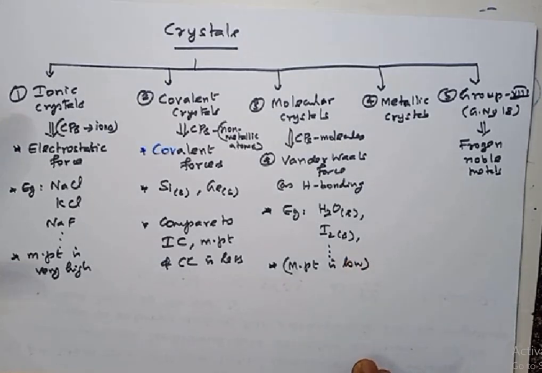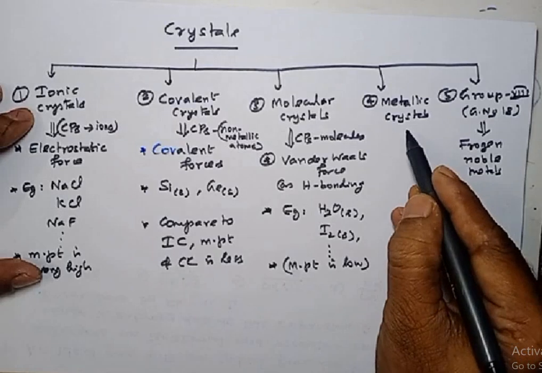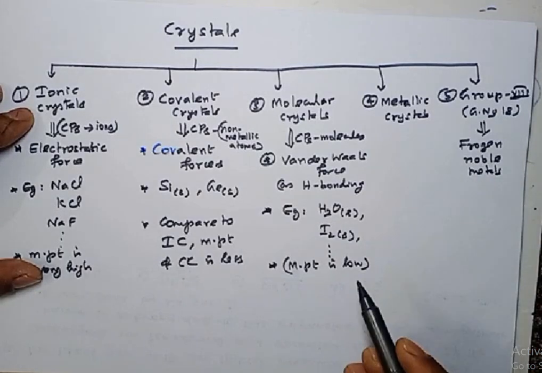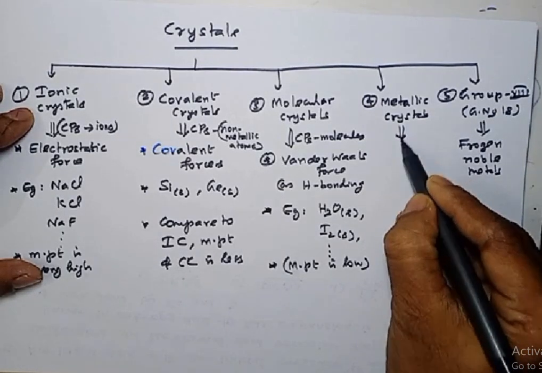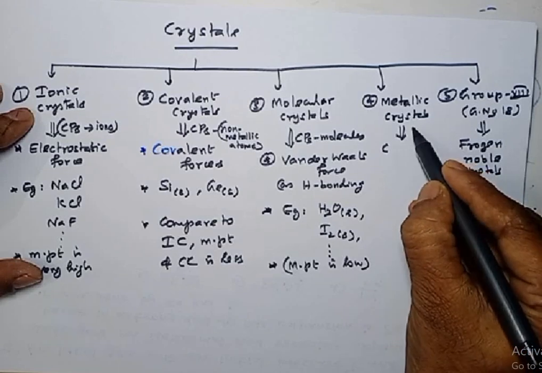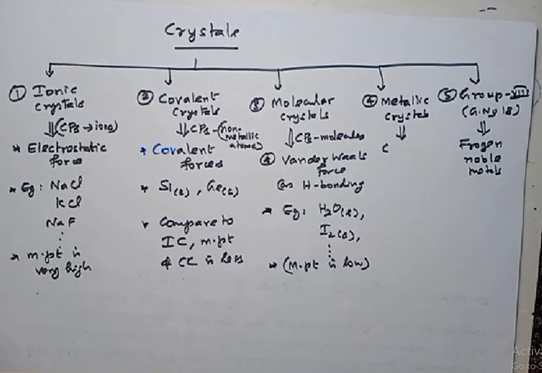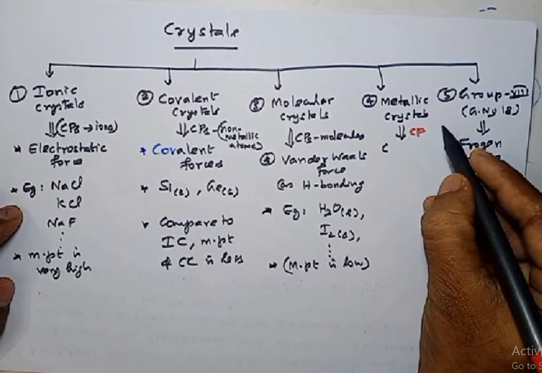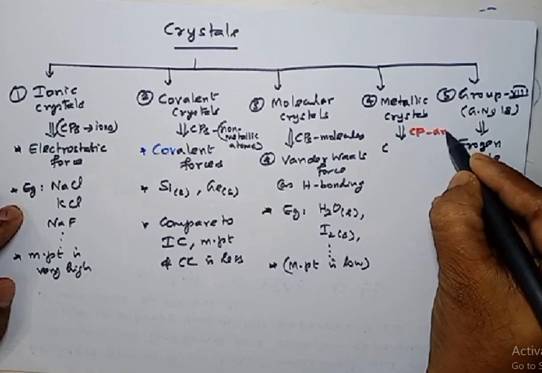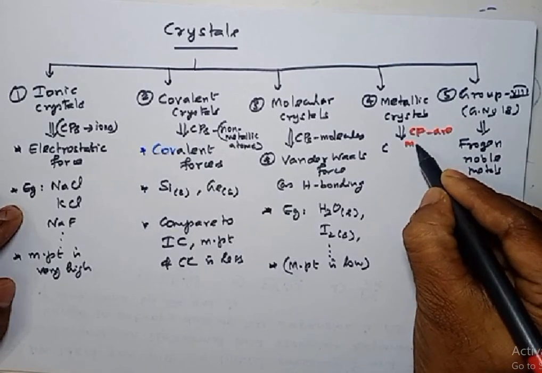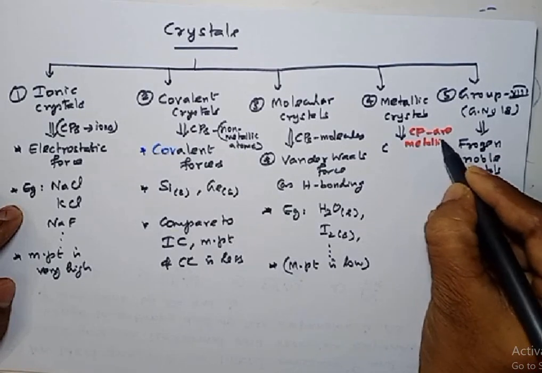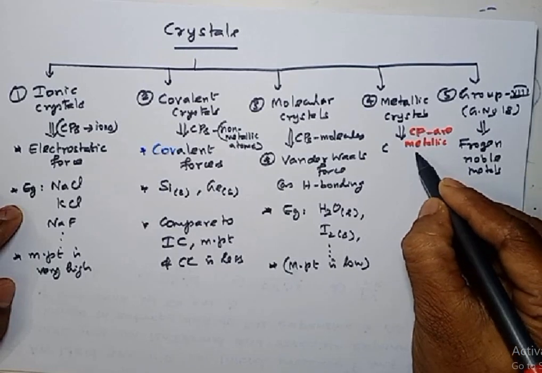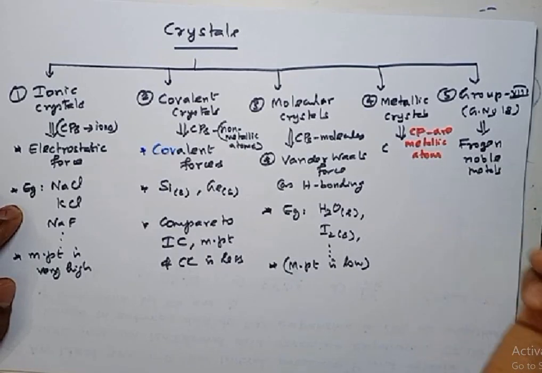Then the next one is about metallic crystals. In metallic crystals, the constituent particles (Cp) are metallic atoms, or I can say in another way, metallic ions.